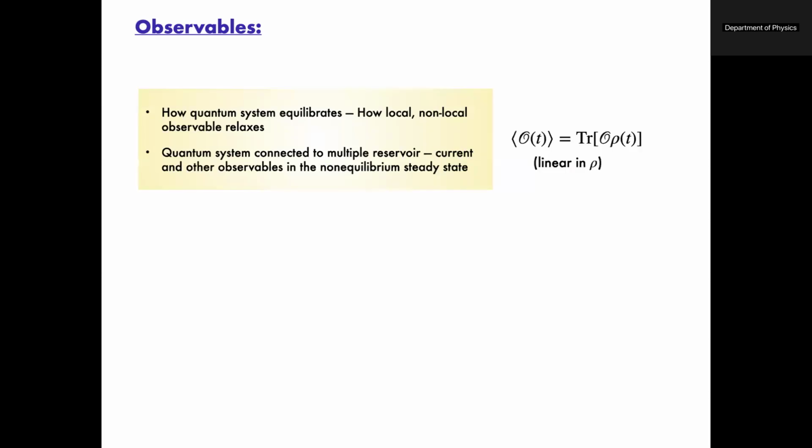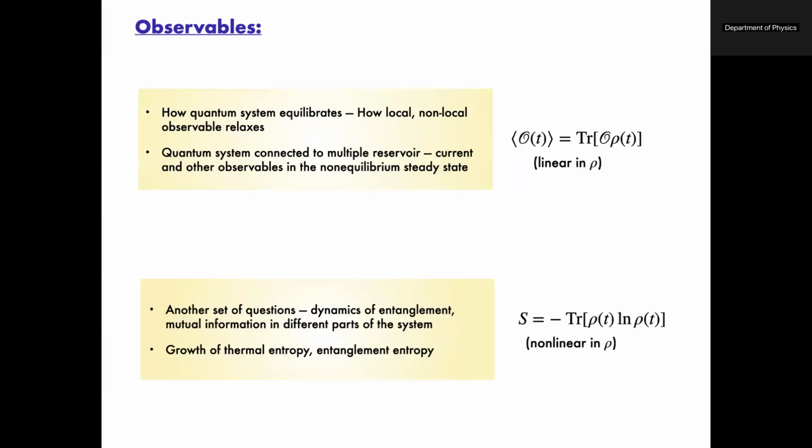But here is something important that I'll briefly mention, and we'll come back to it. Certain observables are linear in rho. For example, if I'm calculating this O average, it's trace of O rho t. So rho is acting in a linear fashion. That's fine, but there are certain other types of observables. For example, alpha, on the other hand, is actually a nonlinear function of rho.